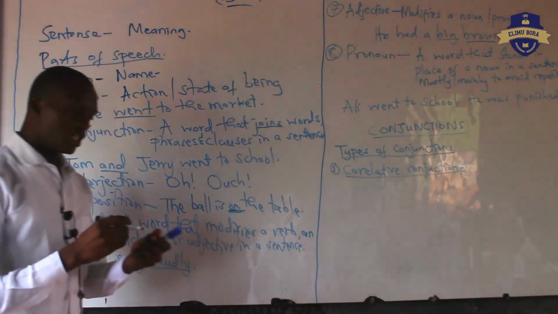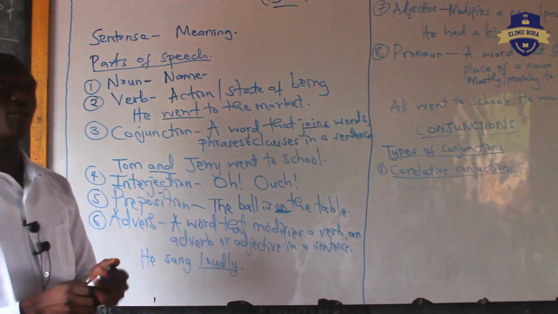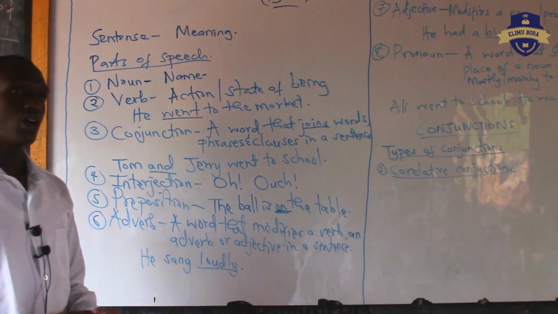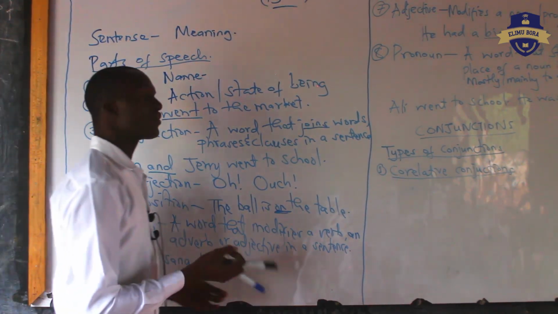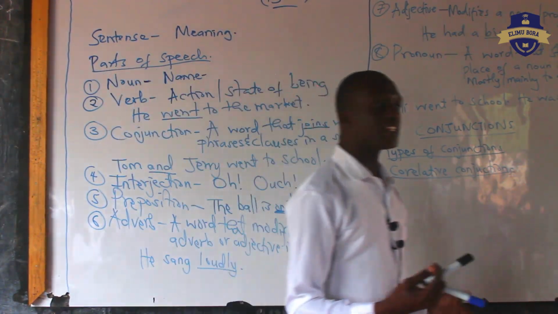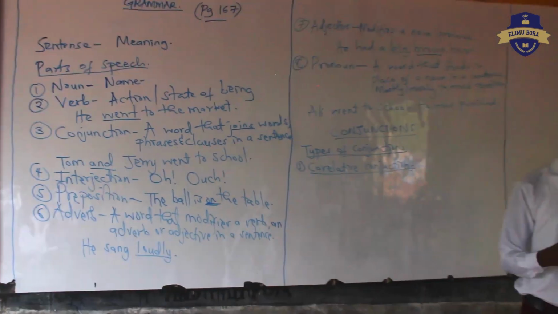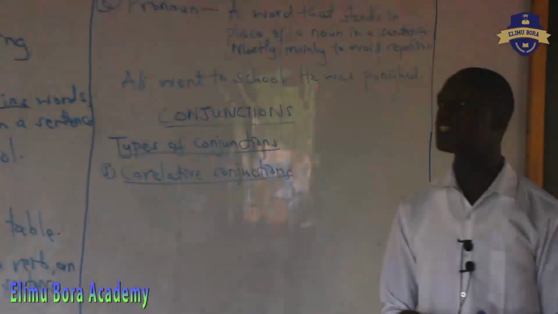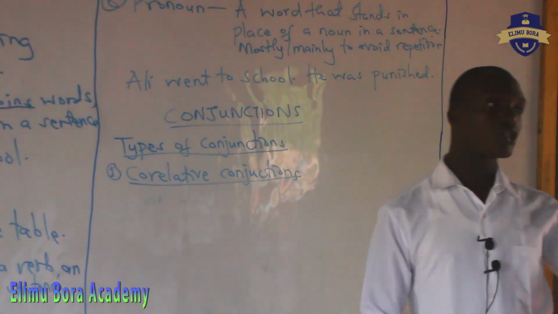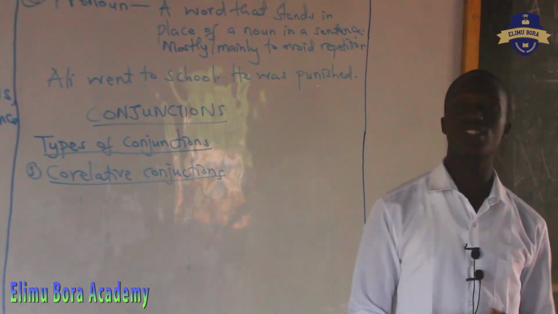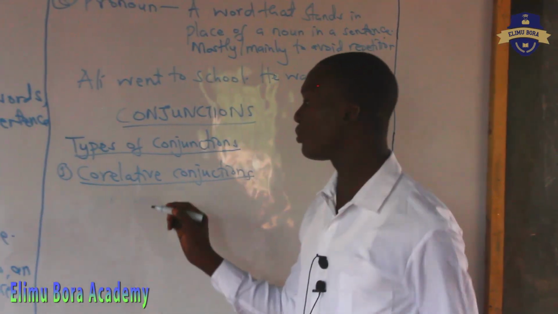So in types of conjunctions, number one, we want to talk about the correlative conjunctions. Correlative comes from the word relative or related to. They are conjunctions that are used together.